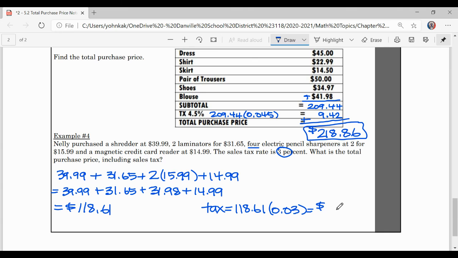That's going to give me tax of $3.56, nice and small. And then my total price is going to be 118.61 plus 3.56. And so that's going to give me a total purchase price of $122.17.